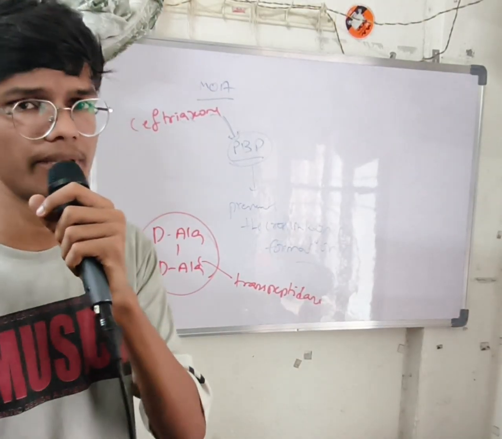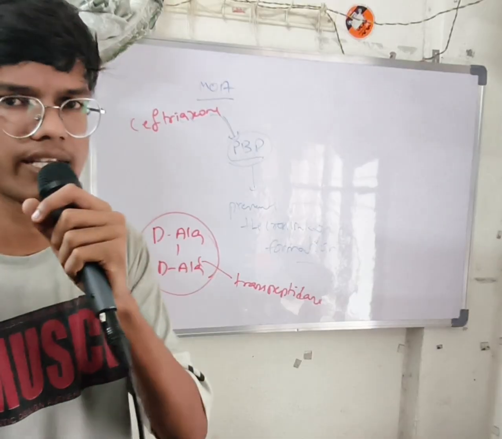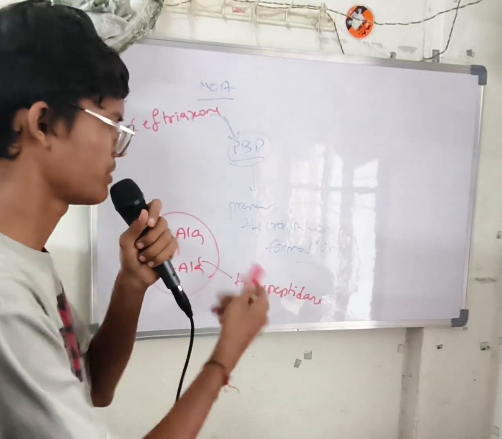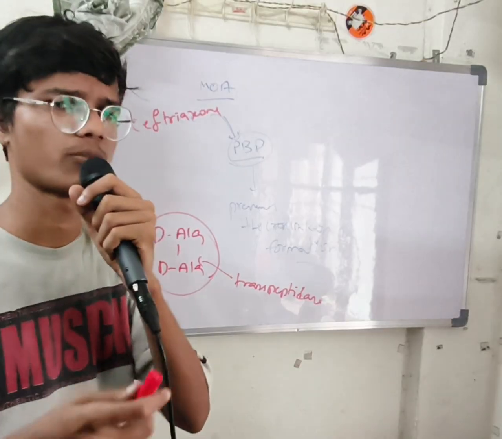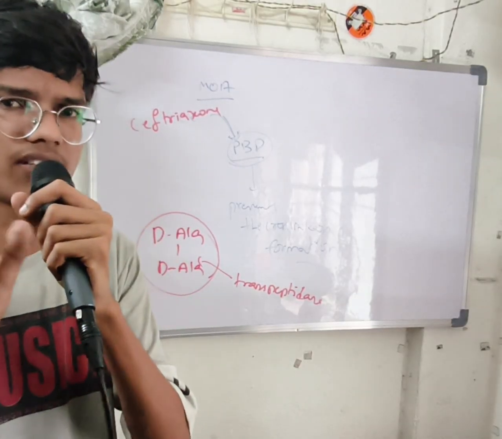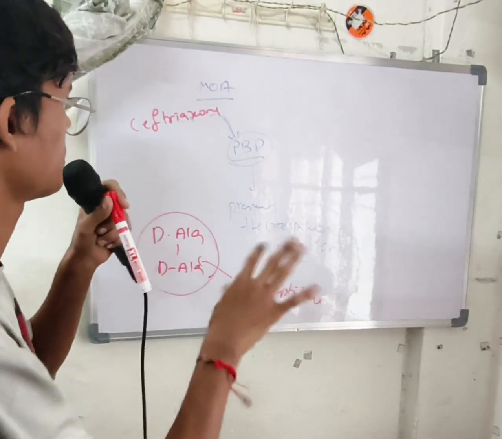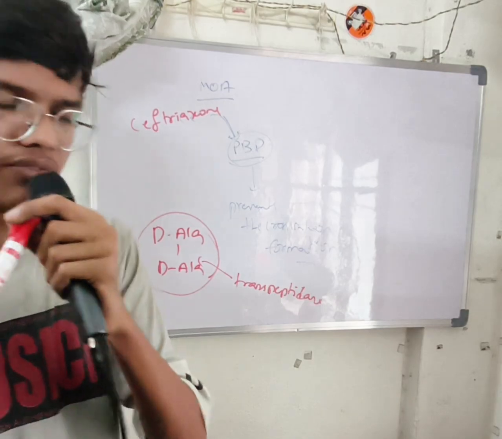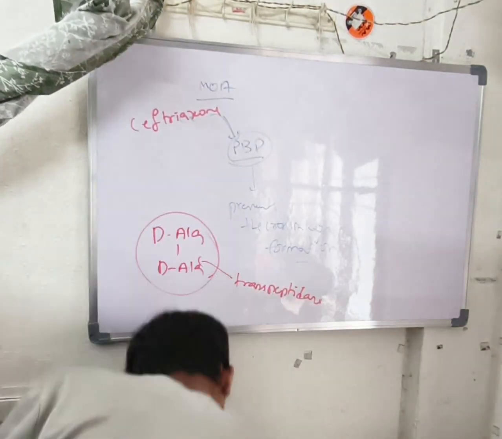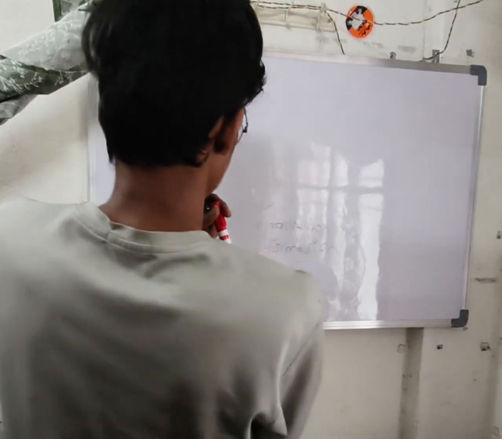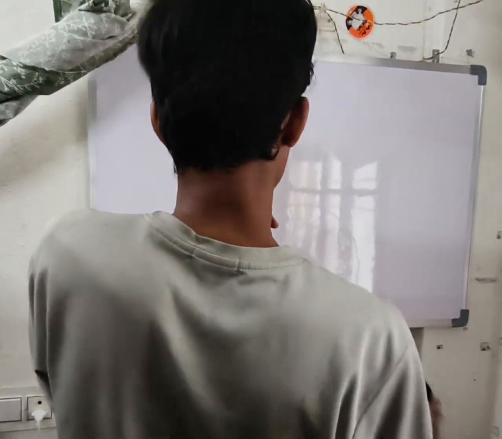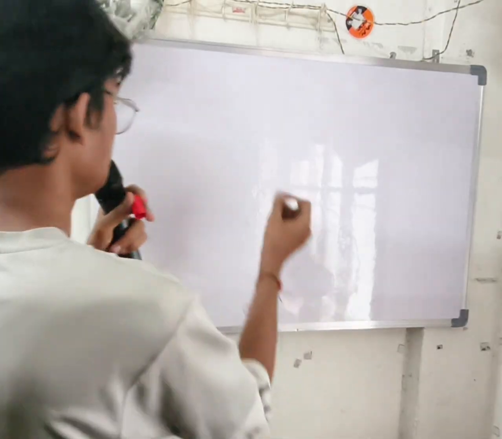So there will be no cross linkage formation, and eventually the autolysins will be activated, osmotic pressure inside will increase and the cell will burst. So this is the mechanism of action of ceftriaxone. It is similar to that of penicillins. You can check the previous video where I explained it very clearly.